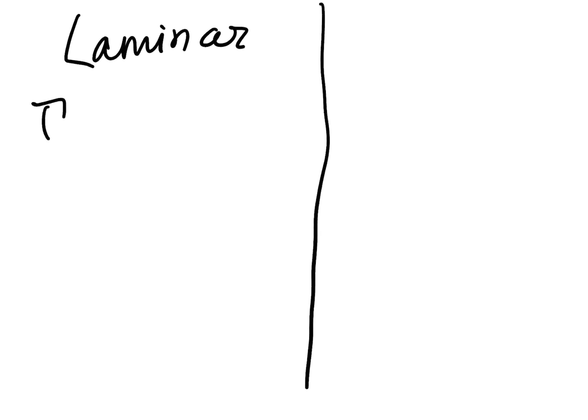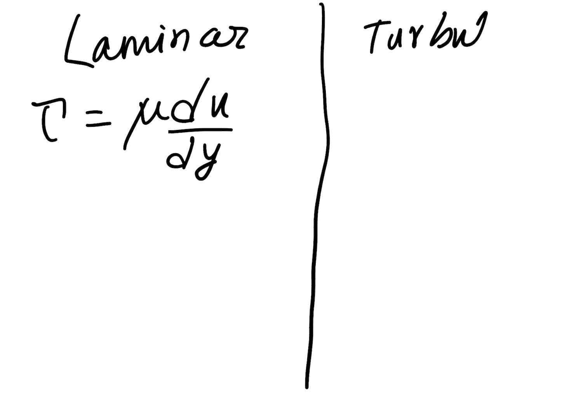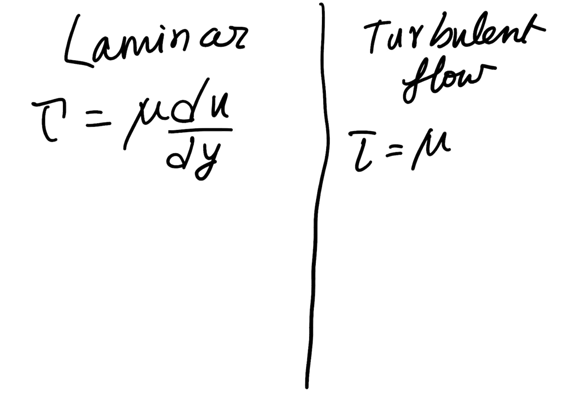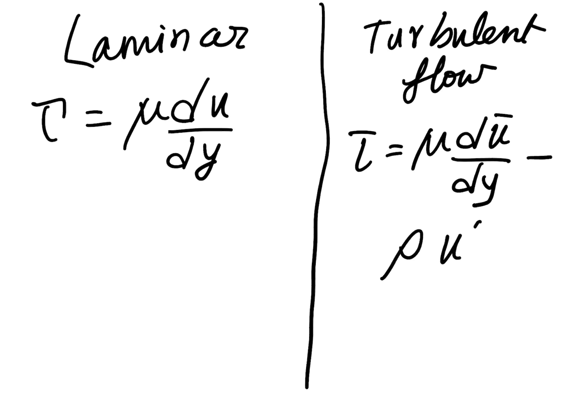Now for a laminar flow, the shear stress is mu times du divided by dy. For a turbulent flow, this shear stress is expressed as mu times the gradient in the average velocity minus rho times u dash v dash, the whole average.